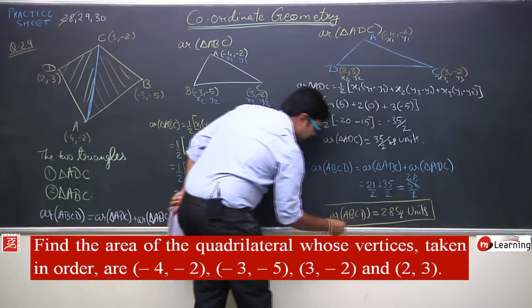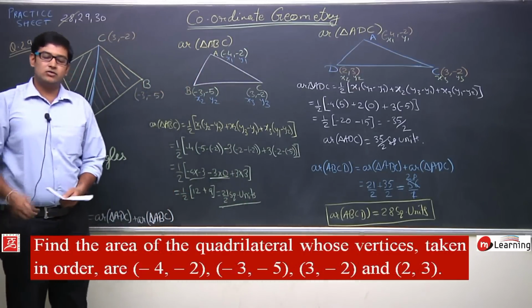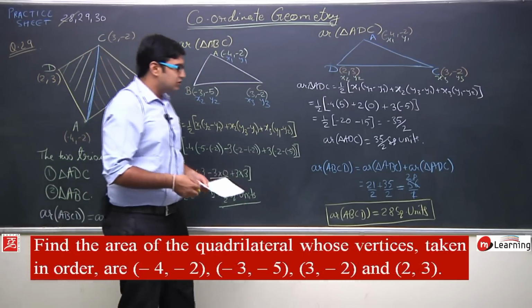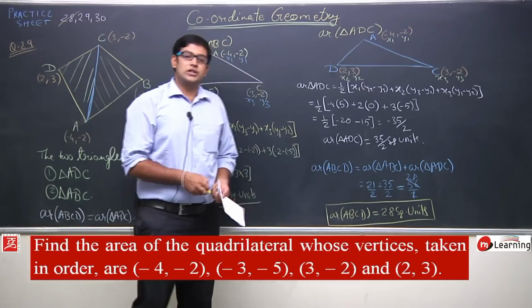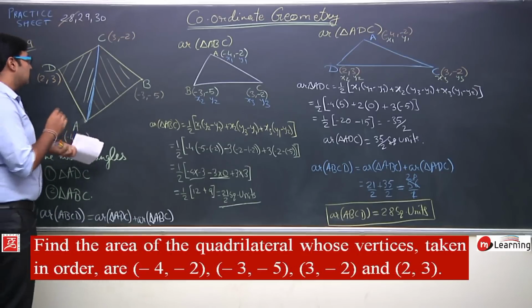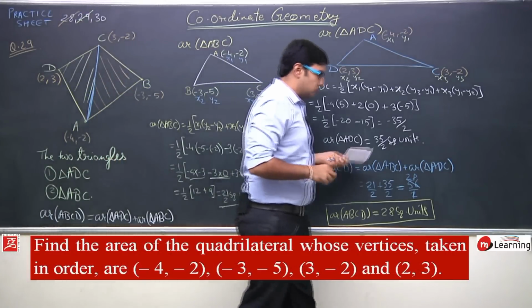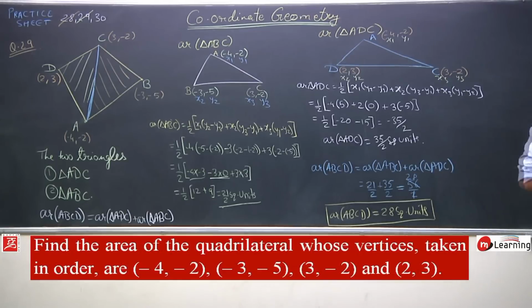Okay, this will be the area of quadrilateral ABCD equal to 28 square units. So in this way you need to solve this question, and this is the solution for question number 29. So one more question left, that is the 30th. So first you note this, then we will continue.